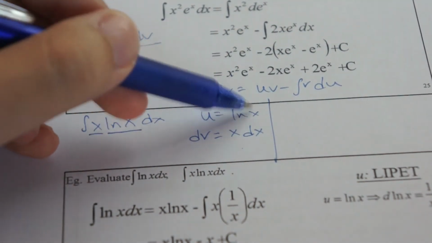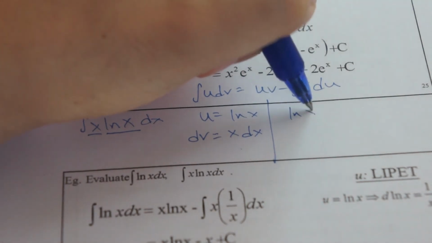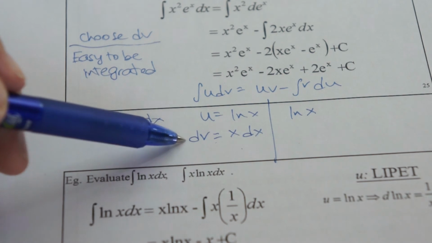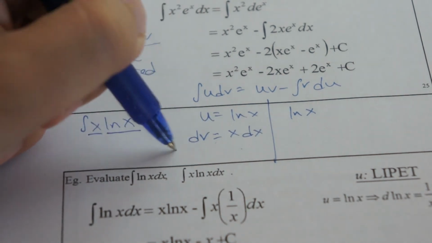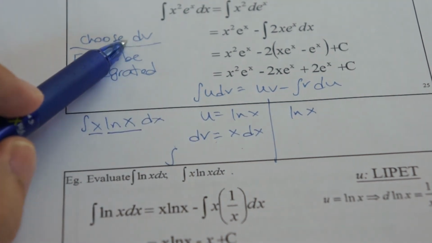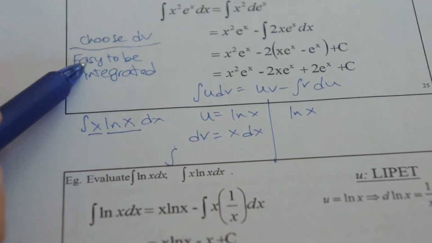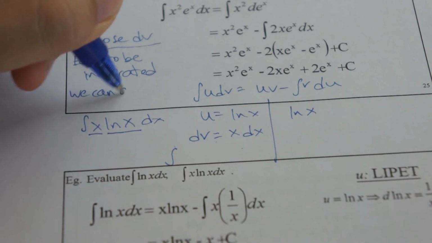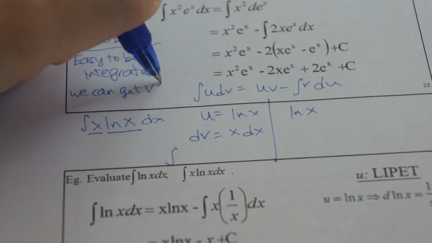So u is ln x, but what is v? v is to integrate this one. So therefore we are going to choose the function which is easier to be integrated, such that we can get v easily.